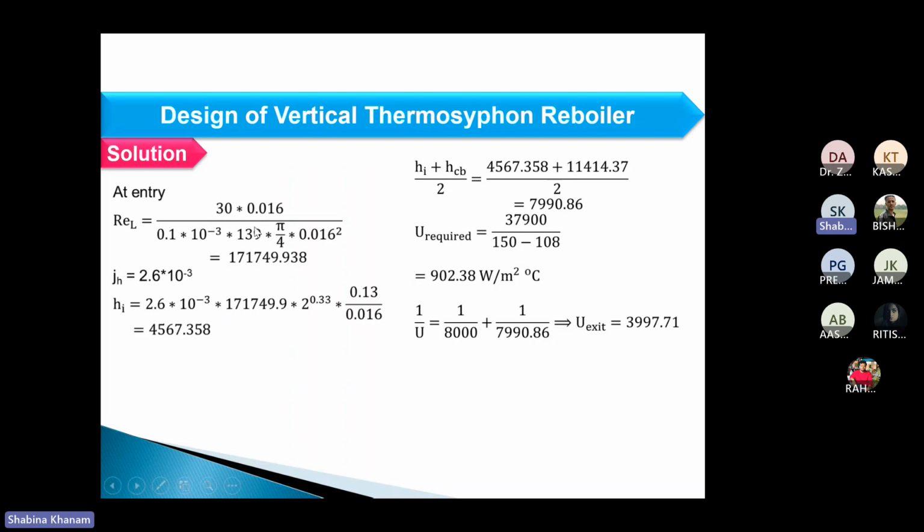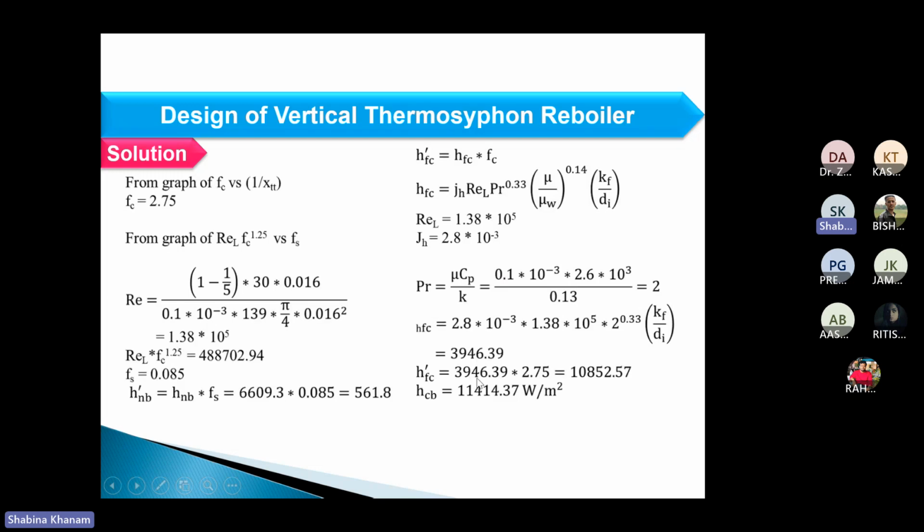Okay, it is not required to calculate this, because there you have considered at entry condition the pure liquid. Okay, and JH you can see over here. So you can find out the heat transfer coefficient for convective phase, and this should be the heat transfer coefficient at entry condition. Okay, at exit condition, this is the heat transfer coefficient.